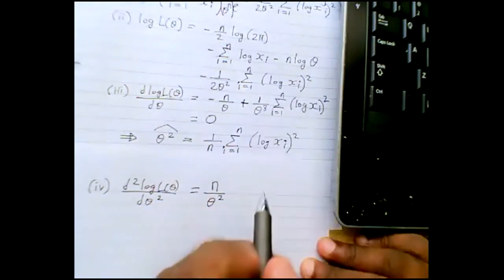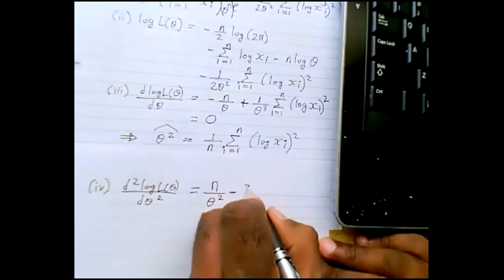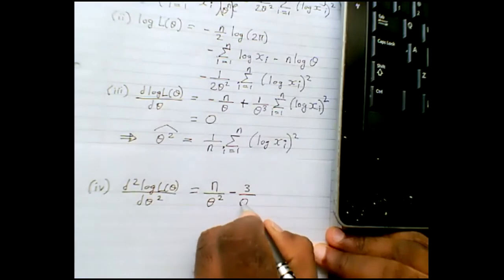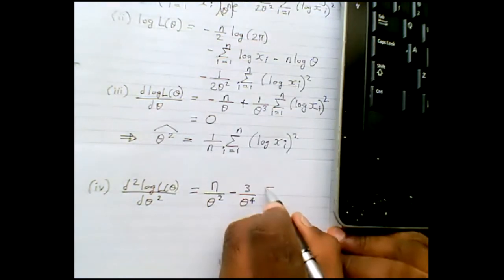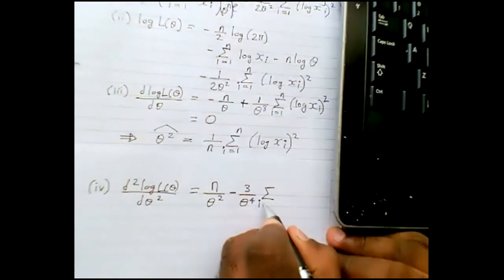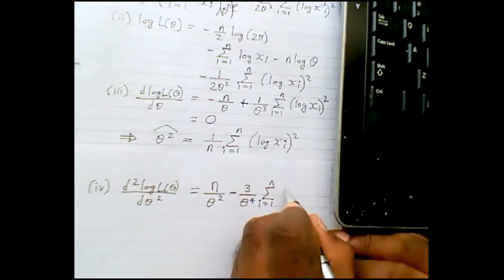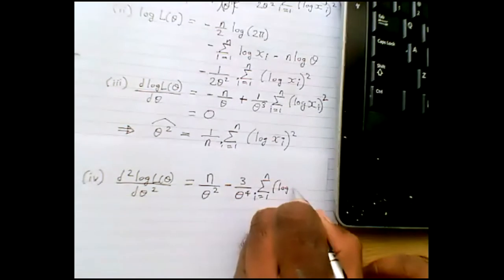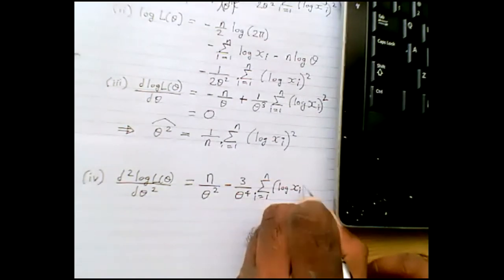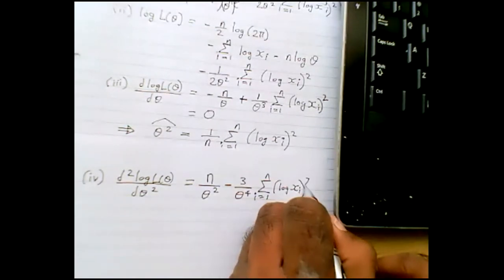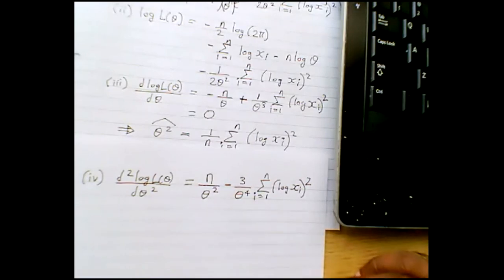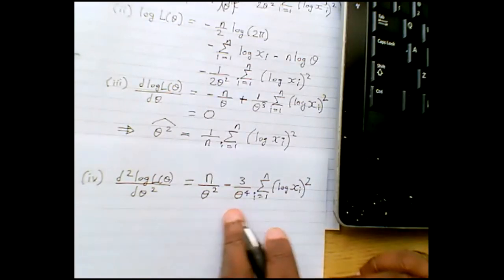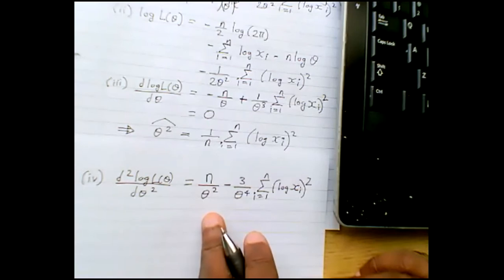Differentiate this with respect to theta, you get, right. Okay. Now I need to show that this is a negative number.